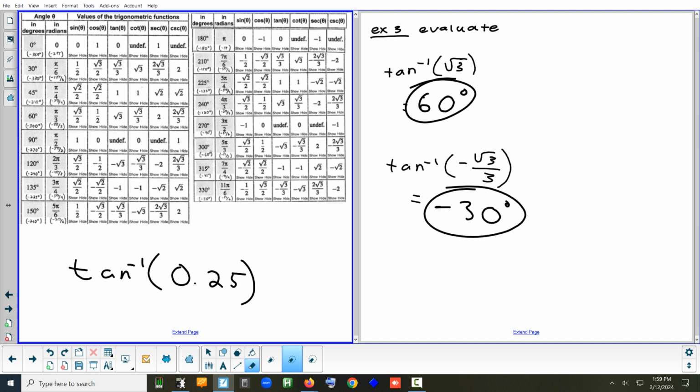So where is that in the table? It'd be undefined. Square root 3 over 3? That's about 0.57. So that's not 0.25.